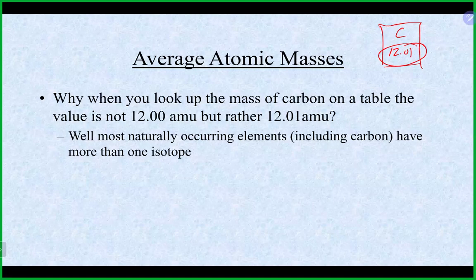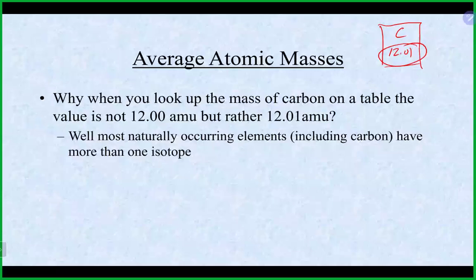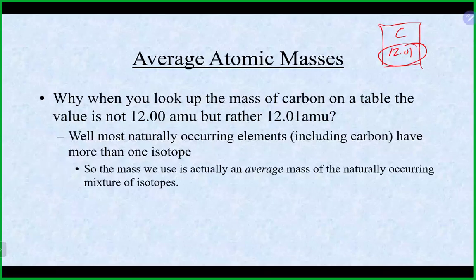And what they're the average of are all the naturally occurring isotopes for those particular elements. So a reminder that isotopes are the same element, but they have different numbers of neutrons, and they have different masses because of that, as the neutron is the heaviest of the proton, electron, and neutron in the atom.